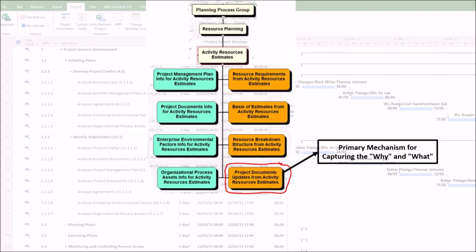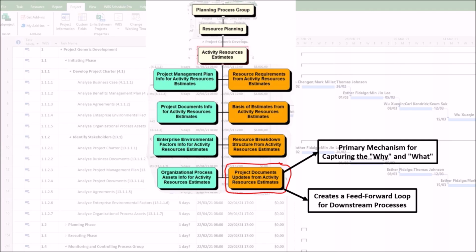Documenting these is vital because if an assumption proves false later, the project team can quickly understand the root cause of a resource shortfall or overallocation. Third, lessons learned register. Documenting what techniques worked well, or didn't, for estimating resources on this project creates a knowledge base for the organization. It improves the accuracy of future estimates.